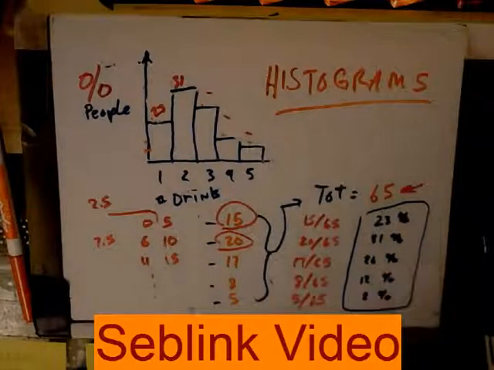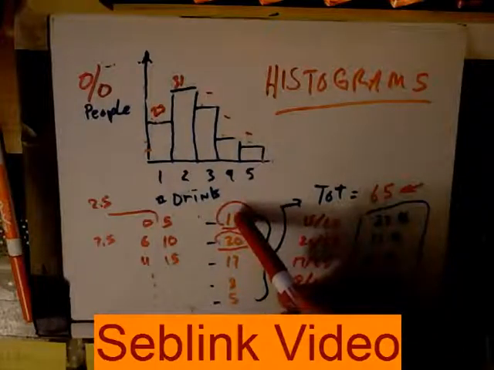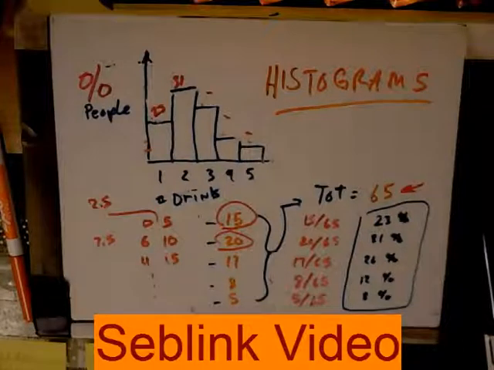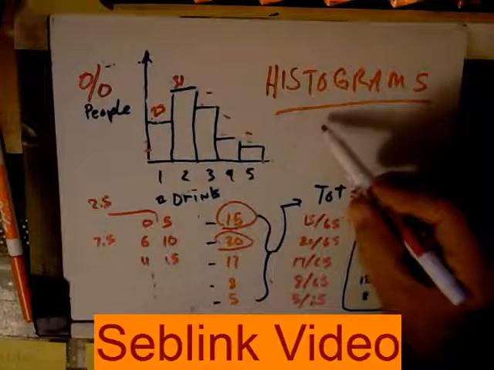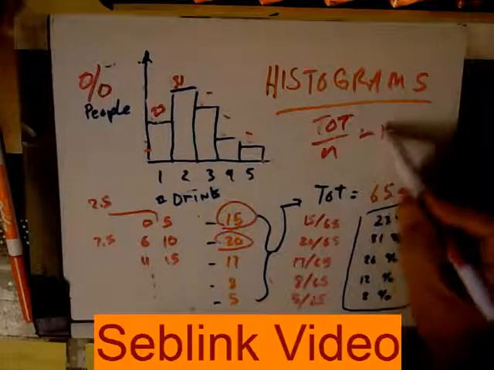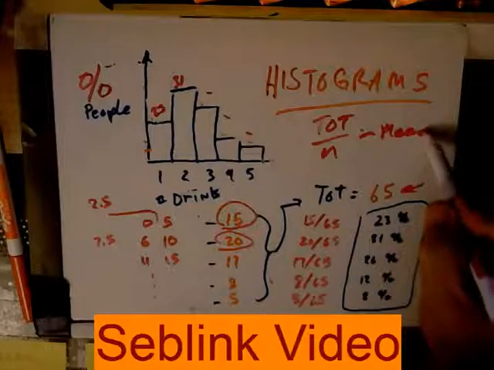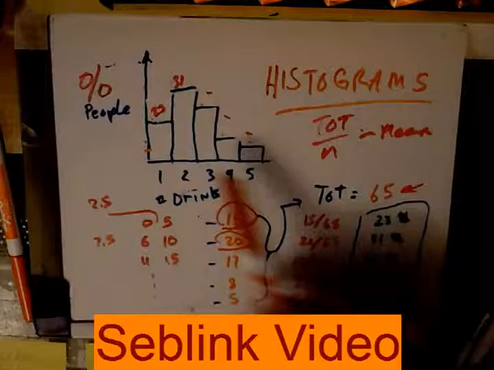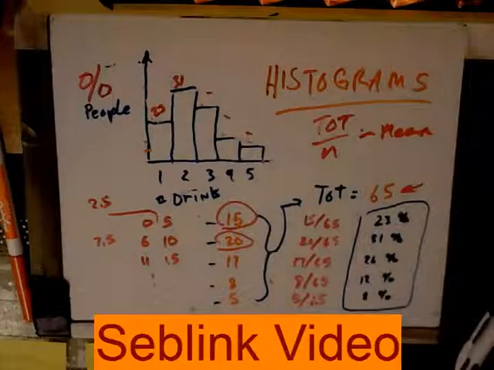So then I have 15, 2.5, 20, 7.5, etc. Then I could actually interpret a mean value, taking the total divided by the n and get a mean, and I could interpret my data that way. That is a so-so interpretation. Certainly if it's discrete data, it makes it much easier and percentages much more accurate.